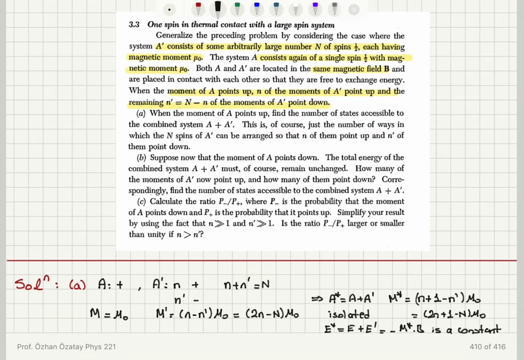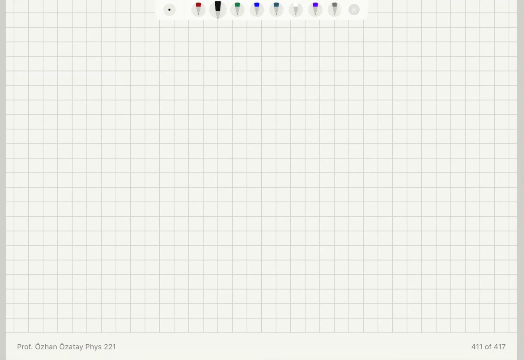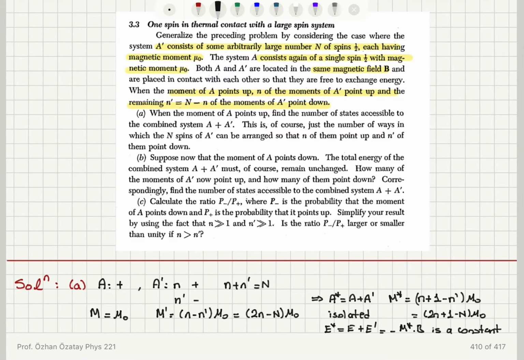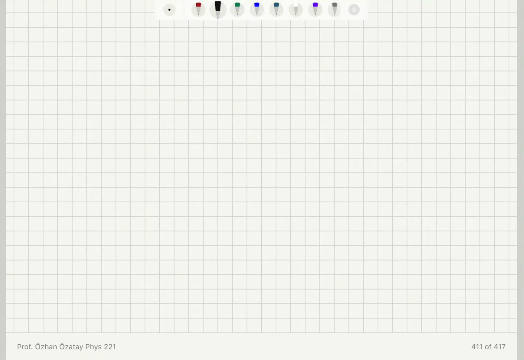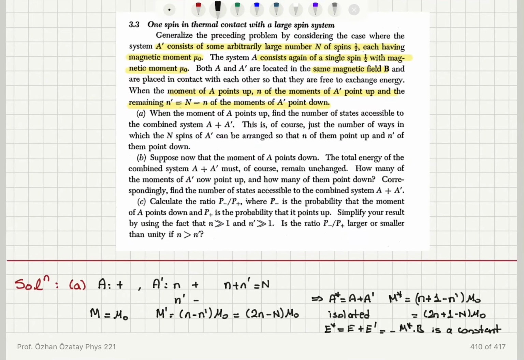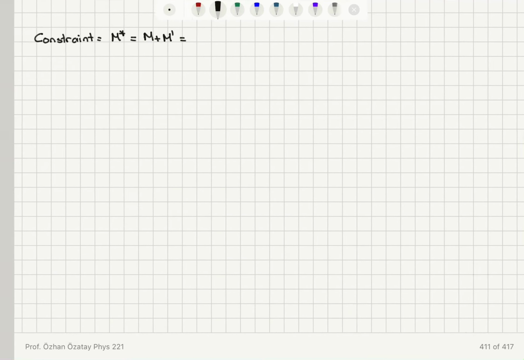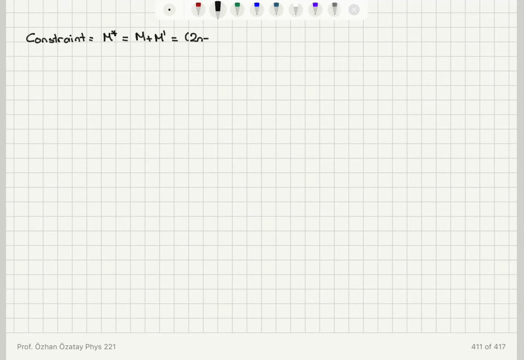So since B is not changing, the constraint on the system is that M star, the total magnetic moment, which is the magnetic moment of system A plus the magnetic moment of system A prime, must be equal to (2n plus 1 minus capital N) μ0, a constant.